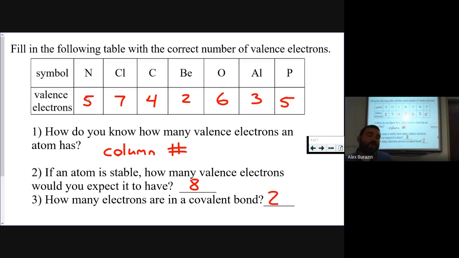Now, Lewis diagrams, which is what we are talking about today, these are for covalent molecules, not ionic. So when I'm talking about Lewis diagrams in the future, please be aware that this is specifically for covalently bonded molecules, not ionic bonds.